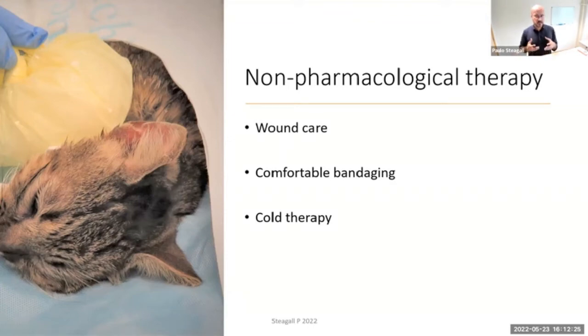It just highlights how bandages can be annoying to cats, especially when they're not properly performed. So we have to think about that. Is that bandage appropriate? Is it comfortable? How long do we need that bandage for? Is it just for our comfort or actually needed for the cat?